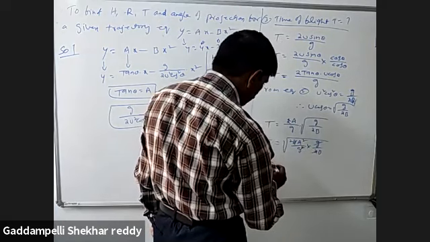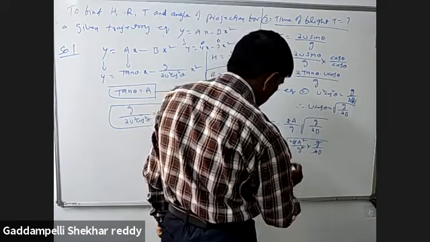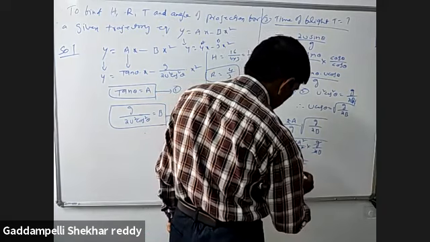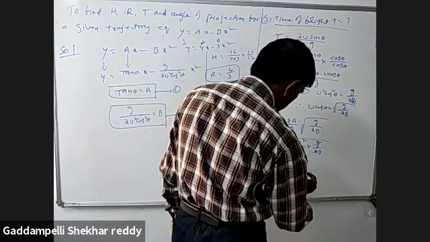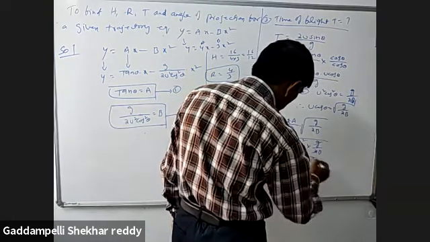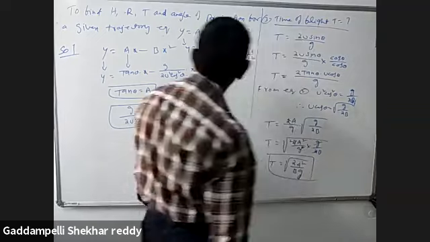Therefore T is equal to under root of 2a square by bg. This is the time of flight.